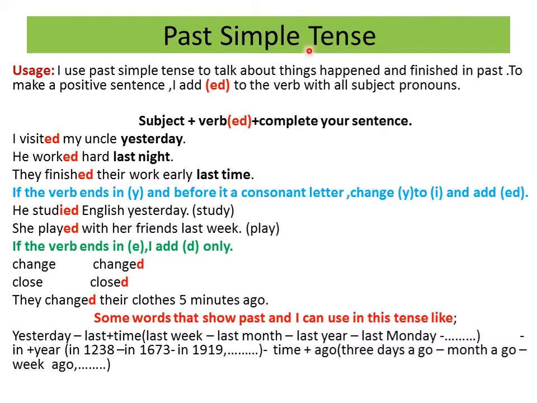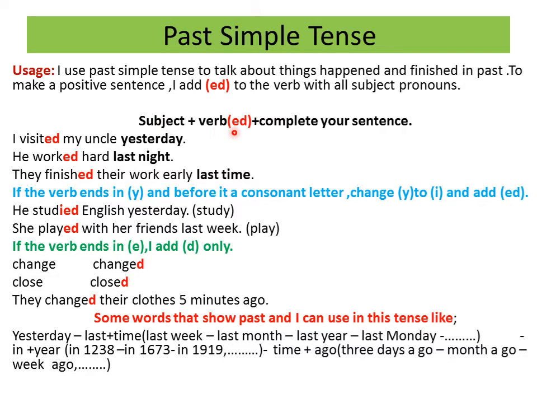So past simple tense, I use it when I want to talk about something that happened and finished before. To make a positive sentence or affirmative sentence, I put my subject: he, she, it, they, we, you, whatever.